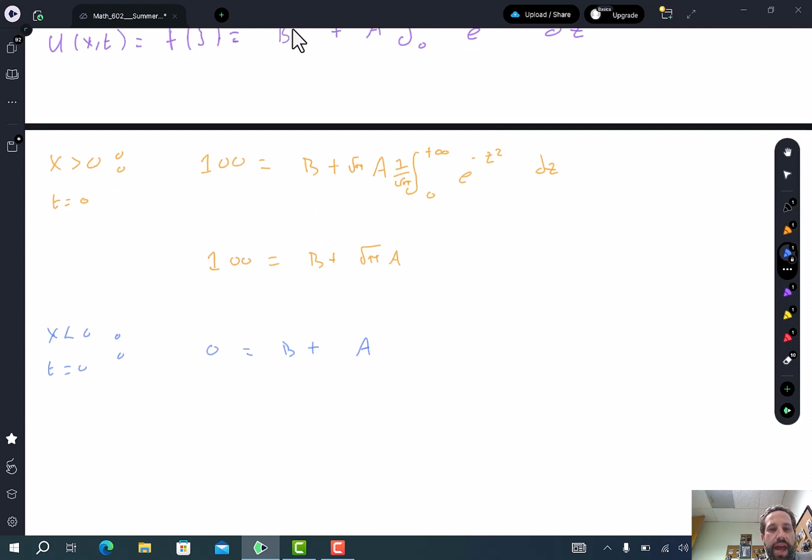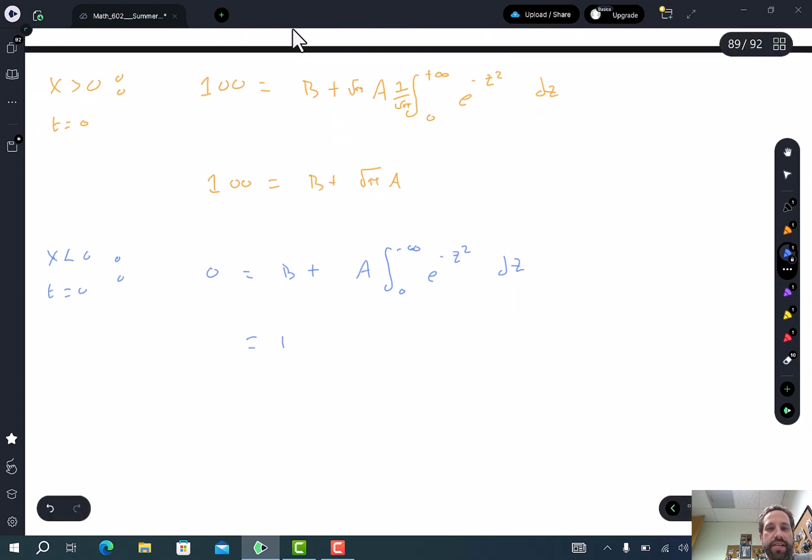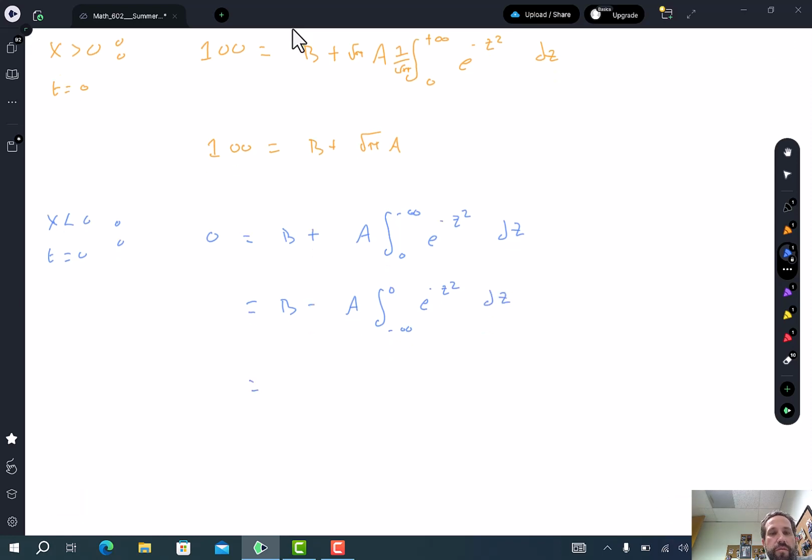So this is going to be a times the integral from 0 to minus infinity, e to the minus z squared dz. But I don't really want to have minus infinity in the top limit. So this is equal to b minus a times the integral from minus infinity to 0, e to the minus z squared dz. I can now, as above, multiply and divide by the square root of pi. And so now this is b minus the square root of pi a.